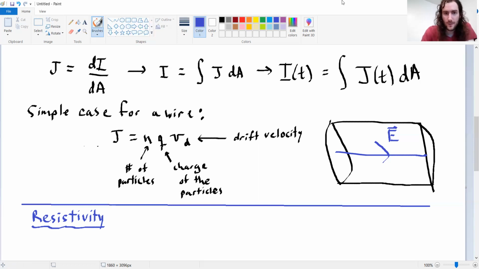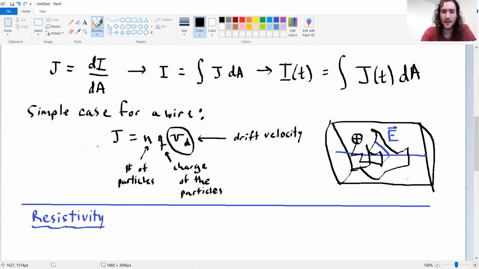Now, just kind of heuristically here, this drift velocity, what is this thing? Well, a lot of the charged particles inside of this wire here, and I'll just use a positive particle because that's what we're assuming is moving in these types of problems, is kind of undergoing some sort of random motion or pseudo-random motion inside of this wire.